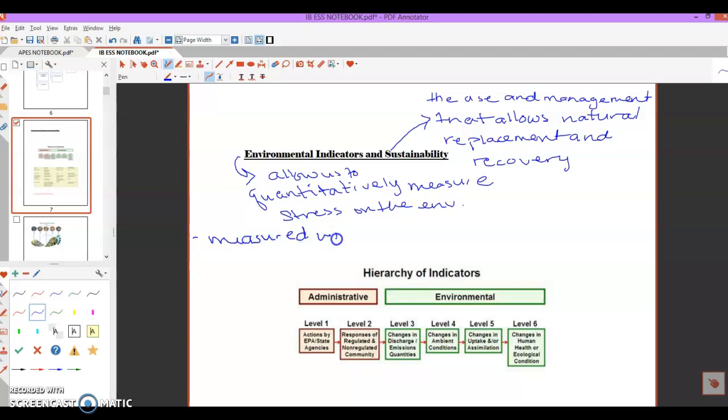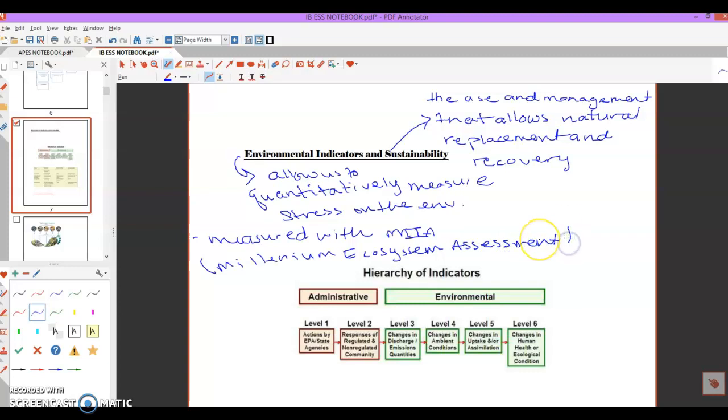So it's measured with what's called the MIA. The MIA is the Millennium Ecosystem Assessment.